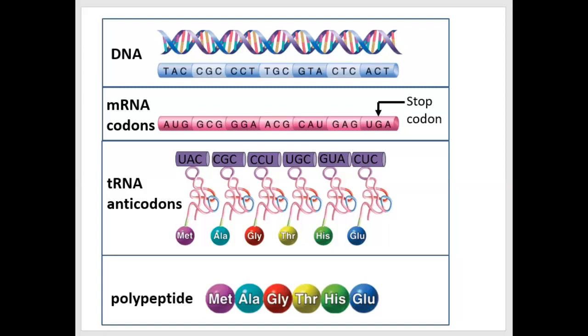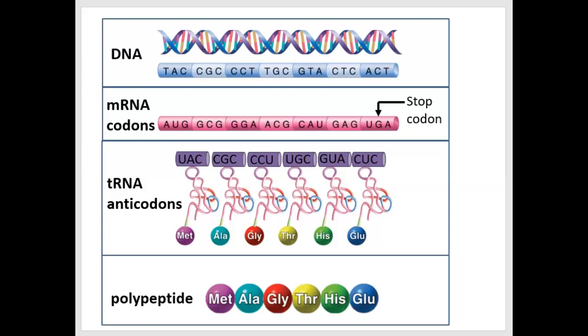Using an mRNA sequence and the table we looked at earlier, you should then be able to determine the polypeptide amino acid sequence that's coded for by the messenger RNA codons. In this case, the amino acid sequence is methionine, alanine, glycine, threonine, histidine, and glutamine.